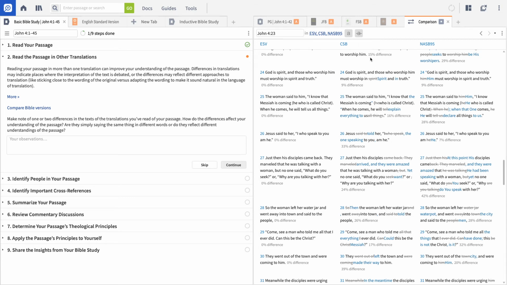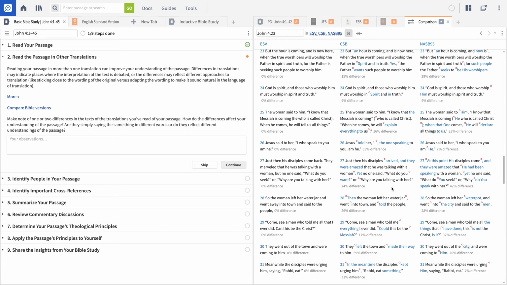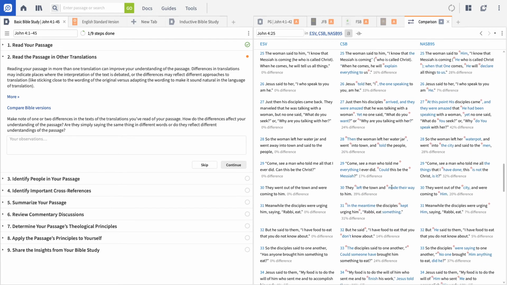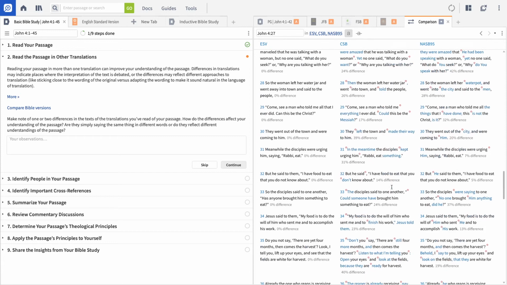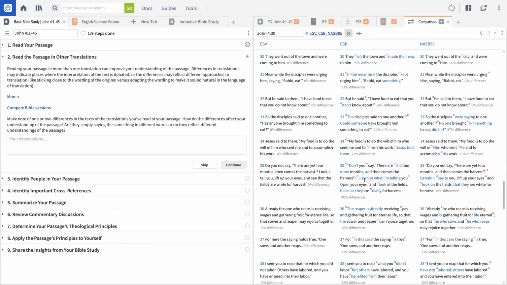Instead of saying, "What do you want?" and "Why are you talking with her?" What do you want? Let's see. I'm still not seeing that many differences. Listen to what I'm telling you. Open your eyes and look at the fields because they're ready for harvest.